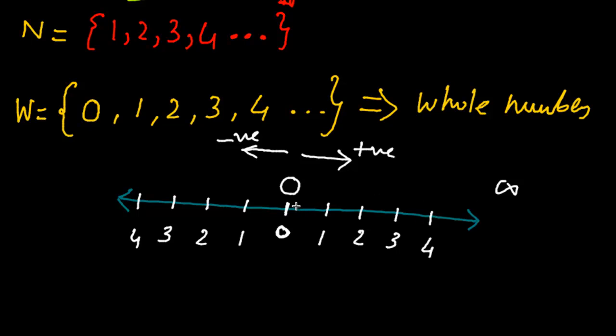But I have just assumed that I have placed a plane mirror at this point, and I have taken the mirror image of these numbers on this side. So obviously what I am going to get is this kind of arrangement of numbers, and these numbers are called negative numbers. That is, you have to put some negative sign over here.